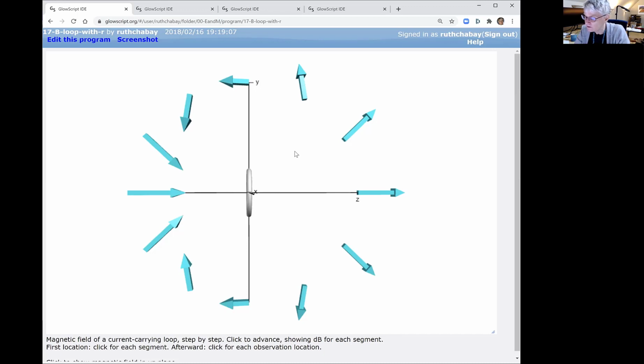Notice that the field on the axis of the loop all points in the same direction, and the field on the perpendicular axis points in the other direction and is half as big. So that's exactly the field of a dipole.